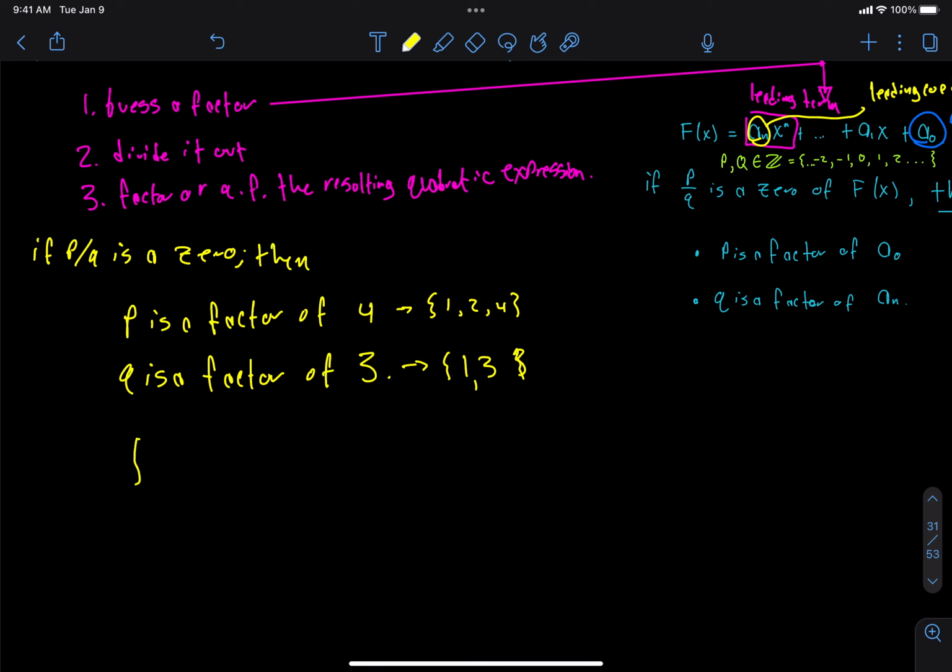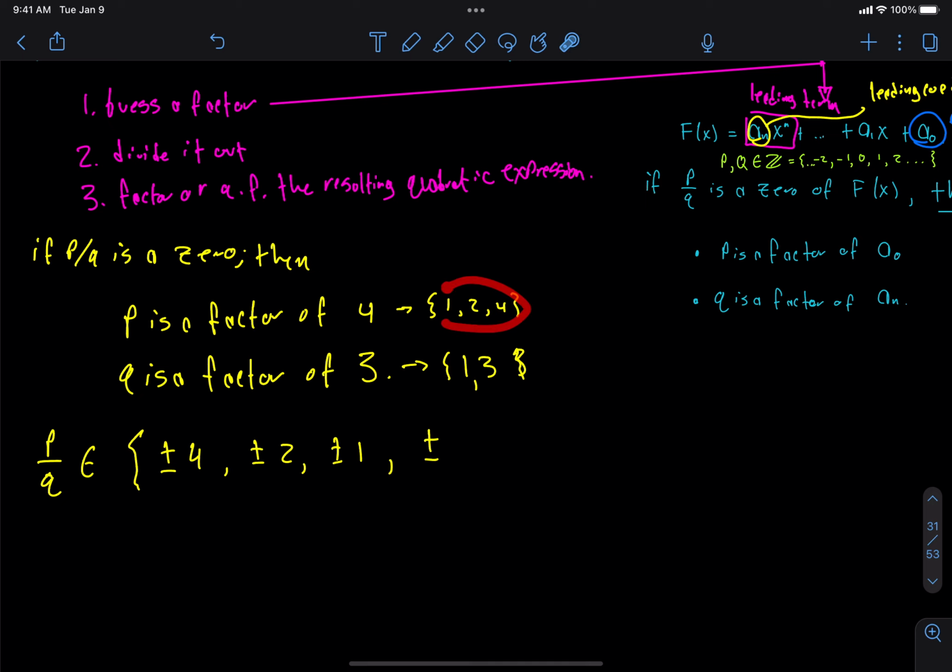So what does the theorem say? If P over Q is a 0, then this is true, which means that P over Q will be one of the following. It is included in this set: plus minus 4, plus minus 2, plus minus 1.